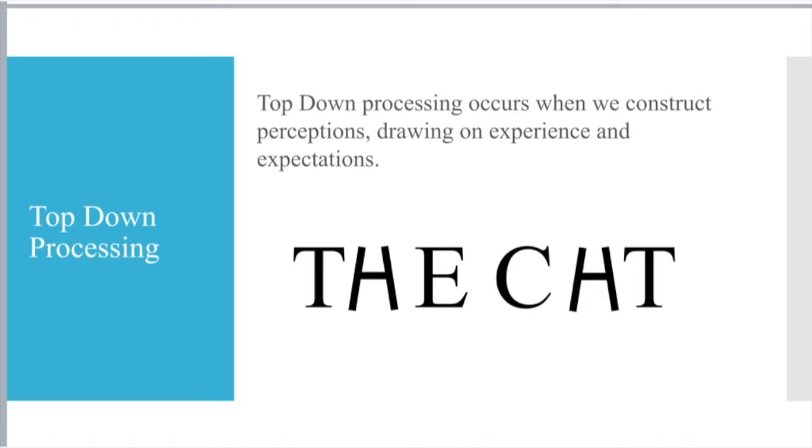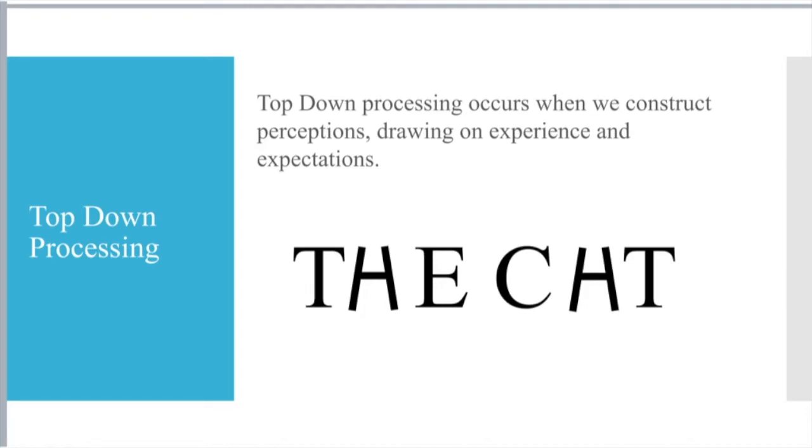So when we think about how that is different from top-down, right? Top-down processing occurs when we construct perceptions, drawing on experiences and expectations, right? We've all read a lot. We know what an A looks like. We don't have to interpret the A as 3 different lines and integrate that into our understanding of an A. We just assume it's an A even when it's not fully an A here, right?